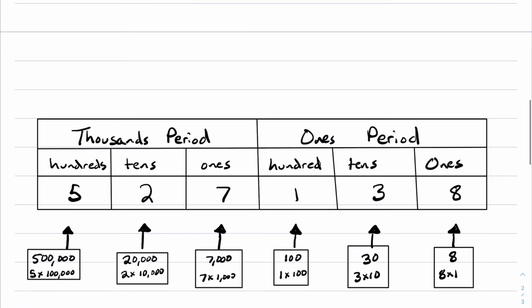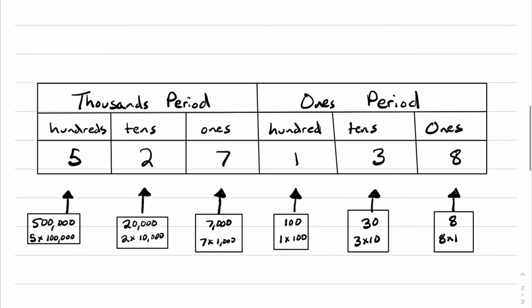So how do we find the value of these? In this case, we have the number 527,138. When you look at this 8, the 8 has a value of 8 because it's in the ones place. You're going to do 8 times 1 to get its value, and you get 8. If we keep moving left, we go to the 3.